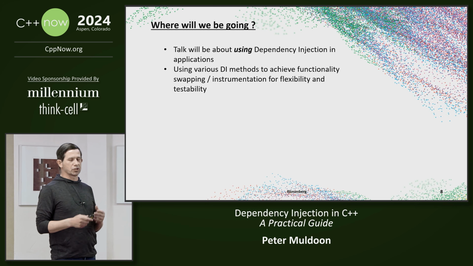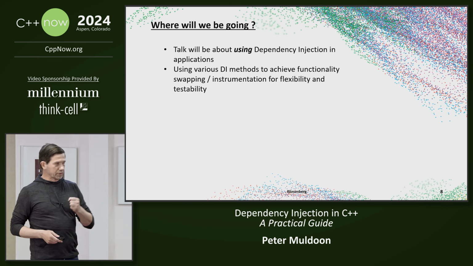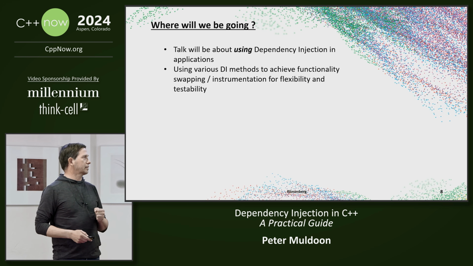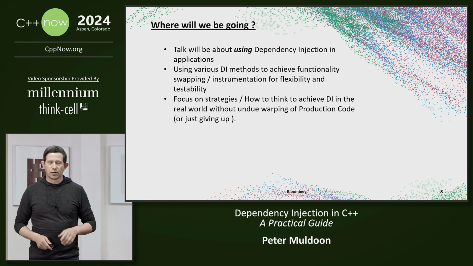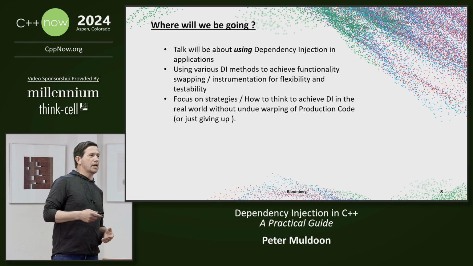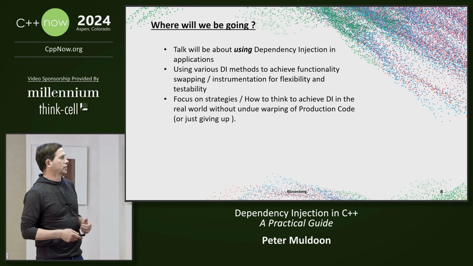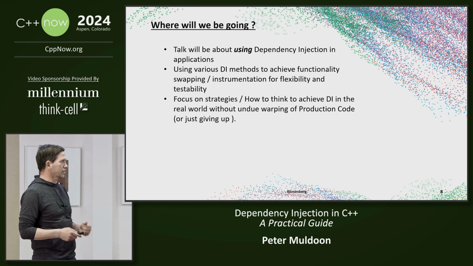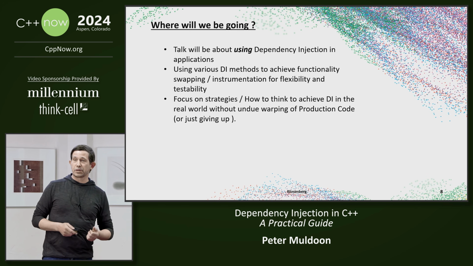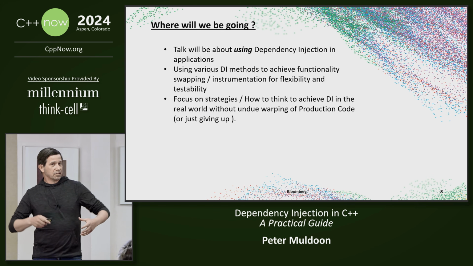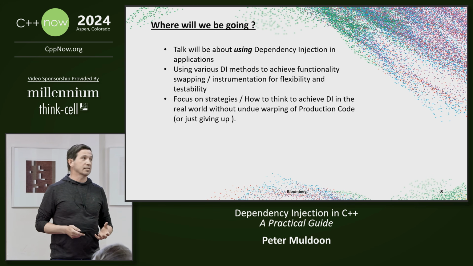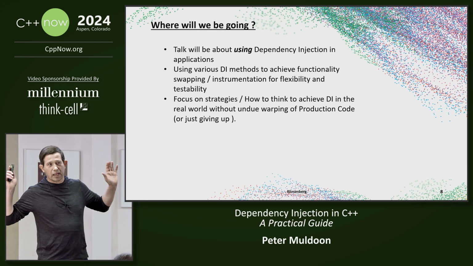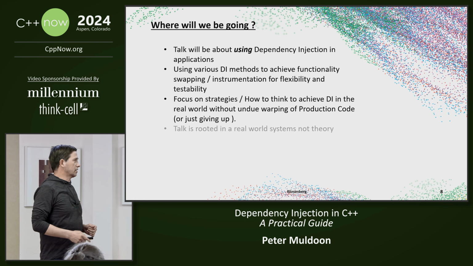How we're going to achieve functionality swapping, instrumentation gathering for flexibility and testability. And we're going to focus on the strategies. That's going to be the main part of the talk. How to think to achieve dependency injection in your real world applications, because it's not that easy. Without warping your production code into being really strange looking because you added testing in, right? Or just giving up, throwing your hands up and saying, it's just too big a job, right?